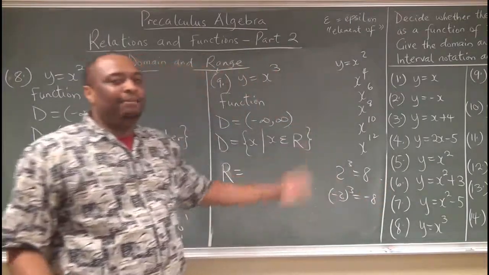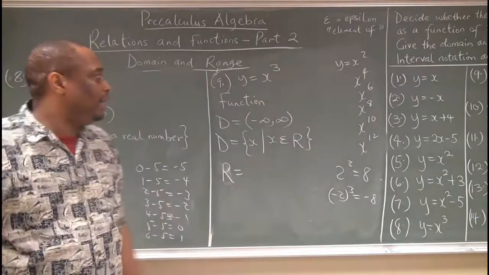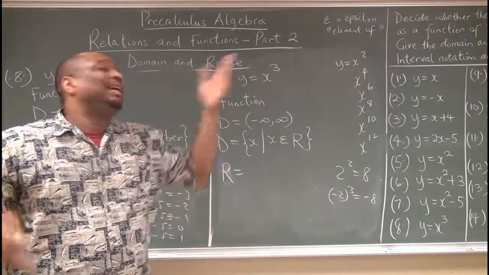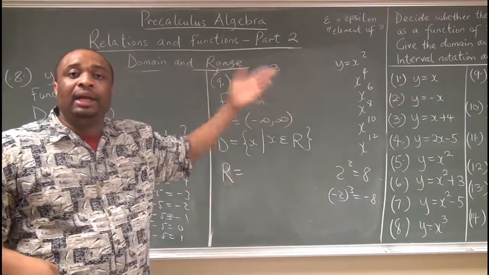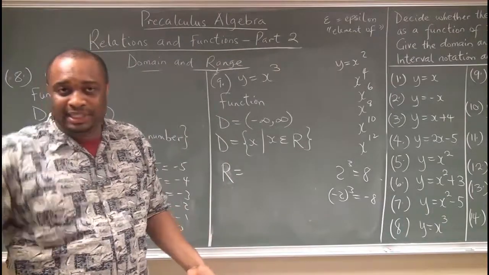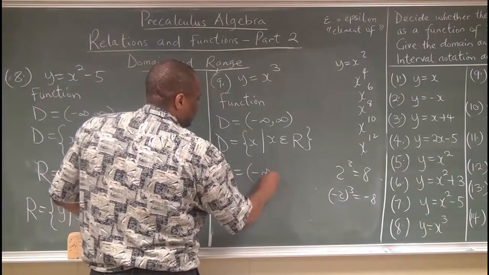So this is not going to be all positive from 0. If you cube 0, it gives you 0, so it's included. So for the cubic, the negative numbers, 0, and the positive numbers are all included. So this will be from negative infinity to infinity.